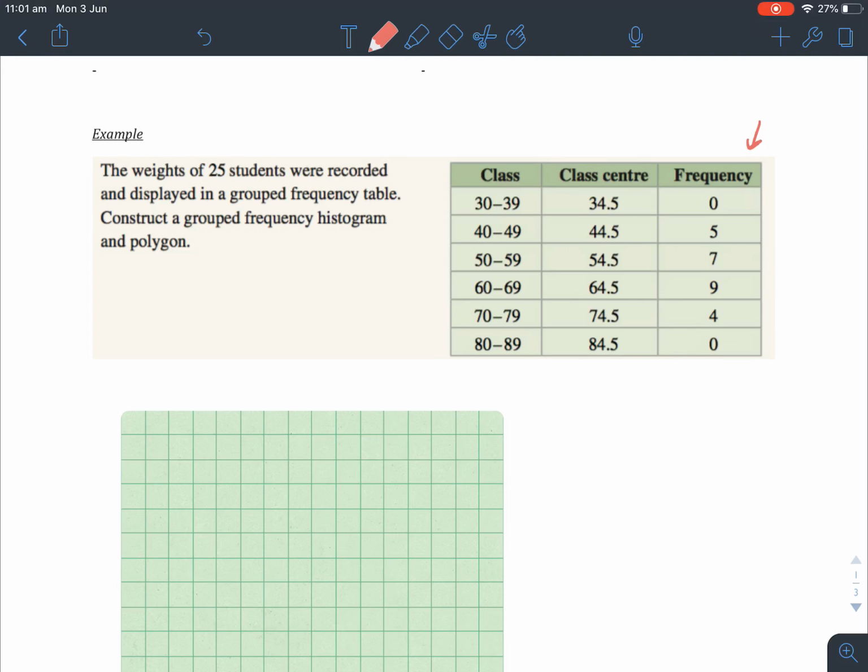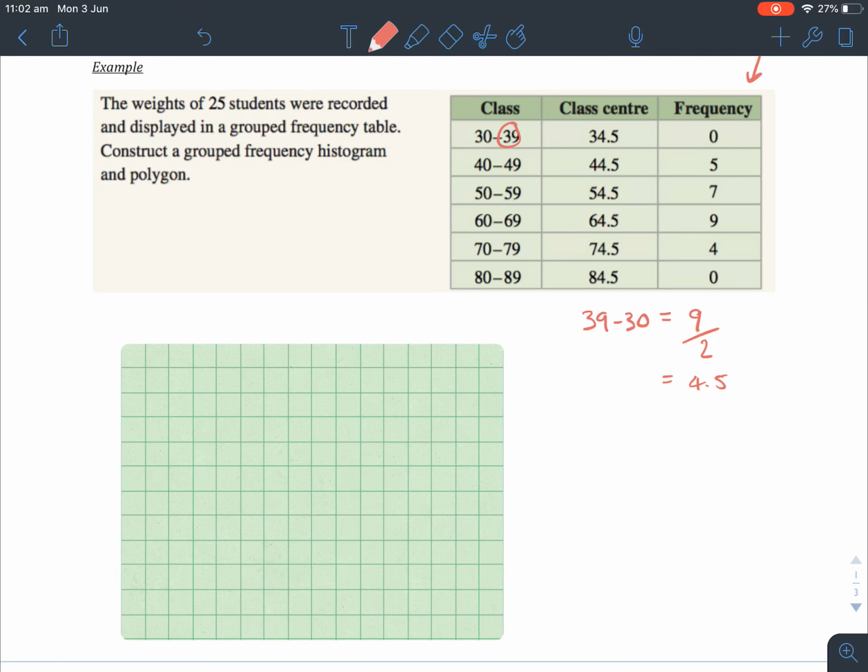To work out the class center, you could just take the highest number, 39, and minus the lowest number, 30. So 39 minus 30 gives you 9. And then divide it in half to find the class center. Well, 9 divided by 2 is 4.5. So 34.5 is going to be the class center of your first class, and so on and so on. You can see the pattern there.